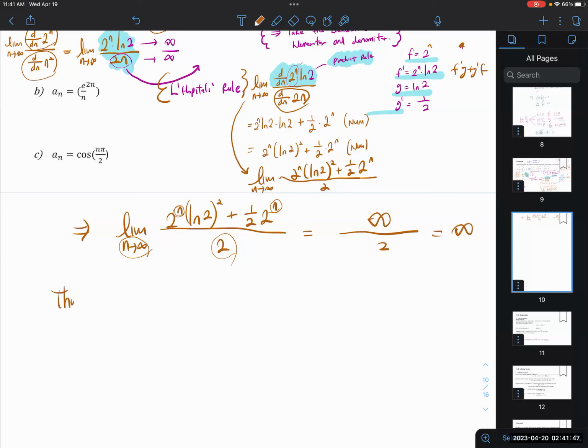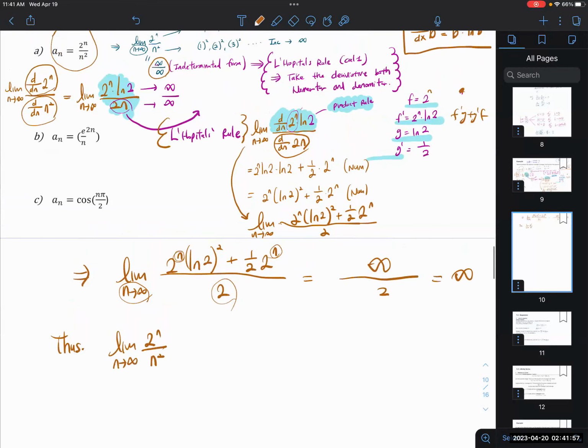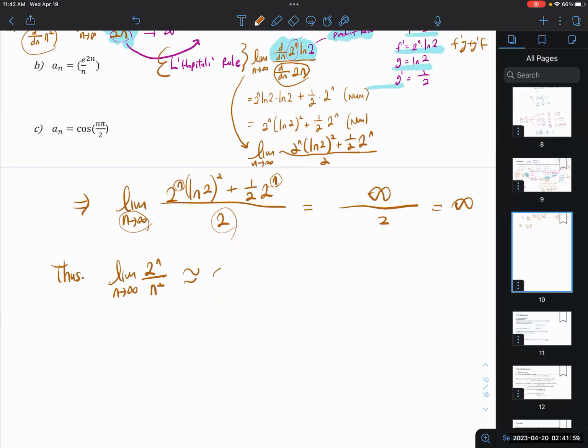So thus, we prove that the limit as n approaches infinity of 2^n over n^2, which is our given a_n, is going to be larger and larger. This is going to be a divergent sequence to positive infinity.